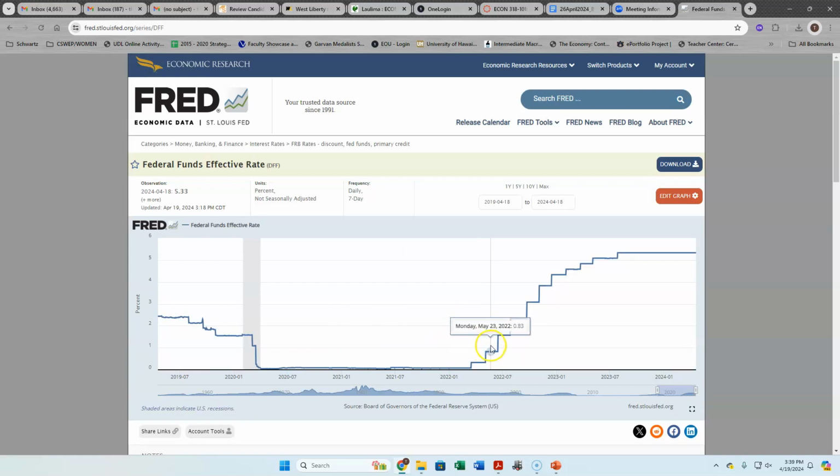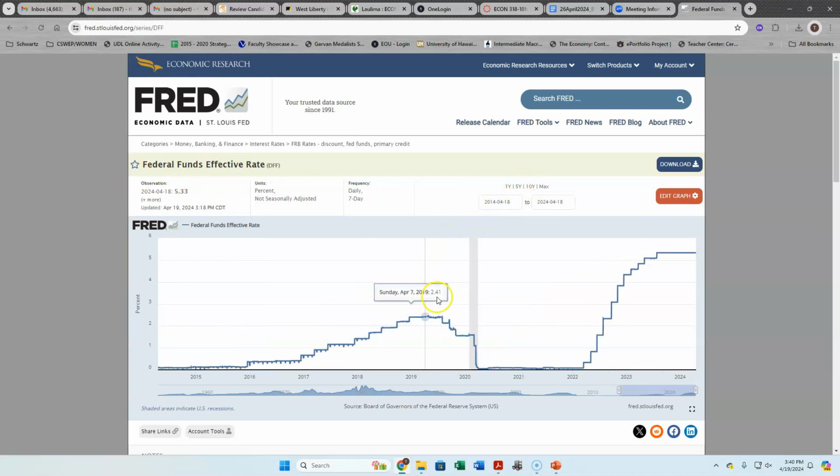We can see these series of increases in the interest rate that the Federal Reserve made all the way through nearly the end of 2023. And if we take this data out further, we can see the dramatic decrease in the interest rates made during COVID in an attempt to make this recessionary period rather small.